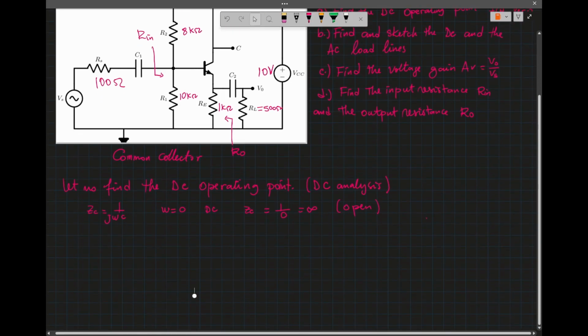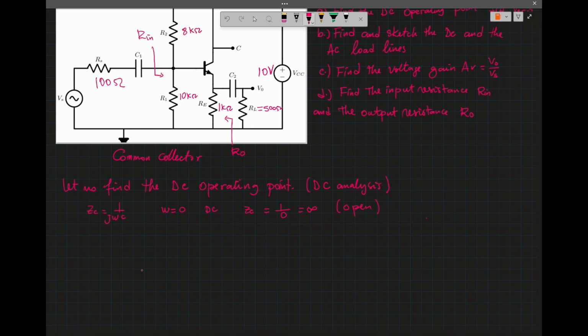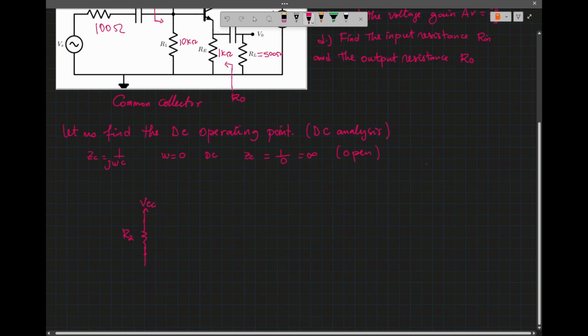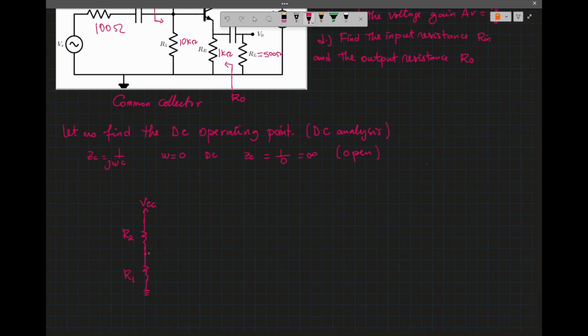So the DC network will look like this. We have R2 connected to VCC, and we have R1 connected to ground, and we have this connected to the base.